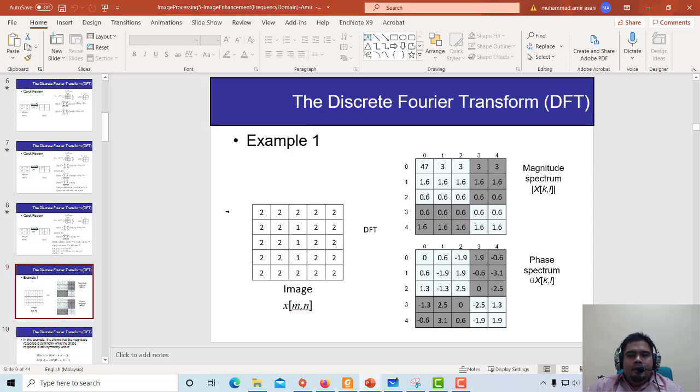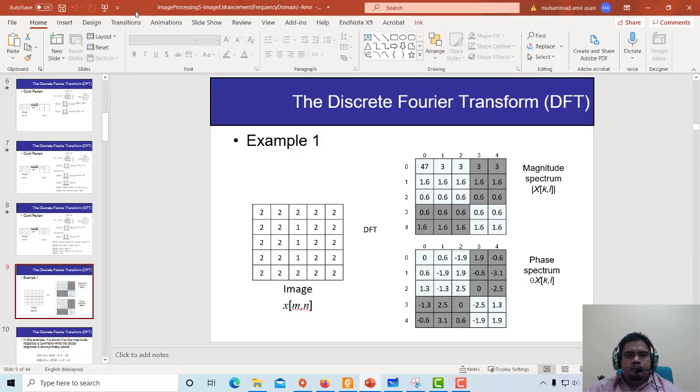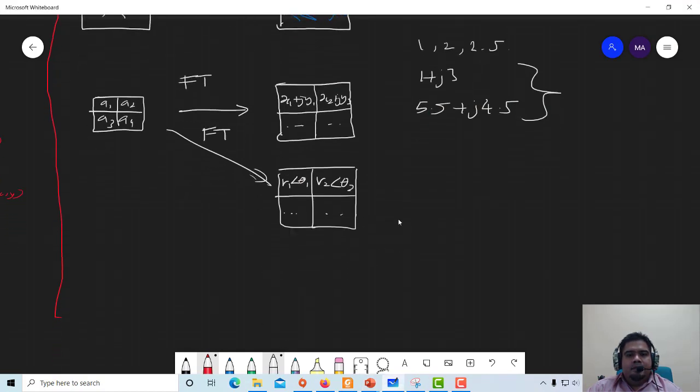When you apply the Fourier transform to this image, you get two matrices, because this one is already separated into real and imaginary. If you remember this one, yes, this one I merged together, so it becomes a complex image matrix.